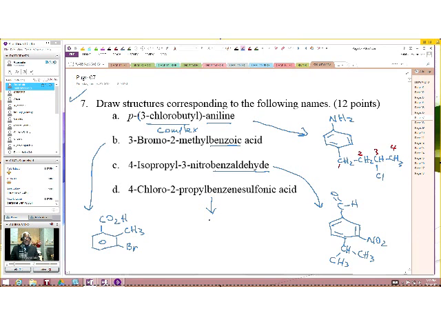4-chloro, 2-propyl benzene sulfonic acid. Again, to do this, you identify the base name, and this is your base name right here. That is benzene sulfonic acid. So you need to know the structure of benzene sulfonic acid, which is this here.